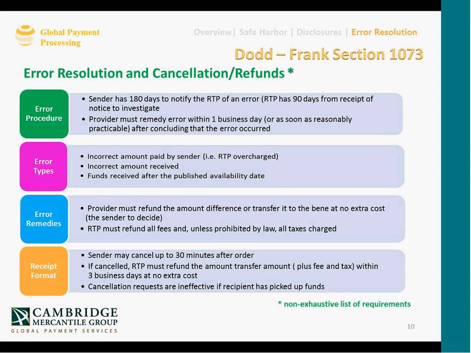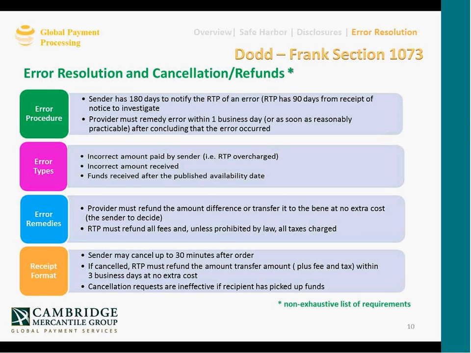And then you, the community bank, have 90 days from the receipt of that notice to investigate. Once the error has been determined in any way, shape, or form, you then have 1 business day, or as reasonably practical, to resolve the error.